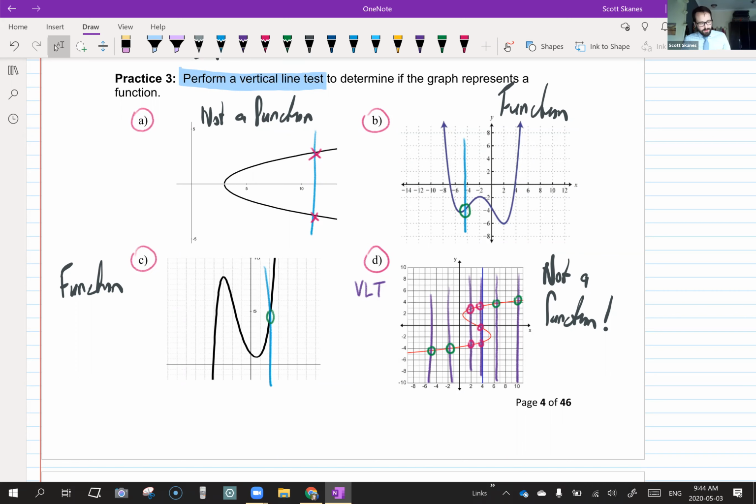Okay. We'll do the last topic, which is called function notation. Now, if you've seen the videos, then you'll know this isn't too difficult. Function notation is just the formal way, the nicest way to write a function so that it's perfectly clear.